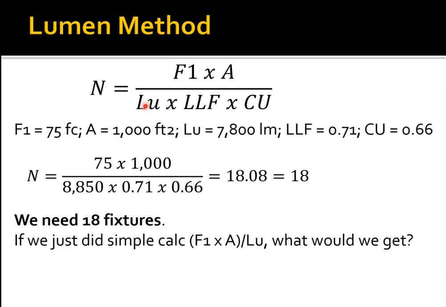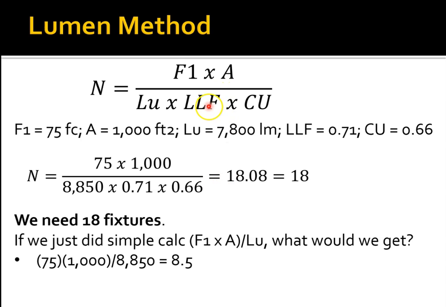Like there's 3 lamps and there's whatever it was, 2,950 lumens per lamp, and we divided it by that. So remember, the total lumens divided by the lumens per lamp gives us the number of lamps. So if we do that and ignore the light loss factors and the CU, all of which reduce the effectiveness of the lamps, we would assume that we only need 8.5.